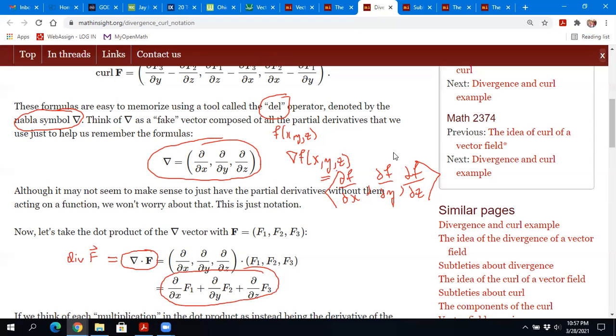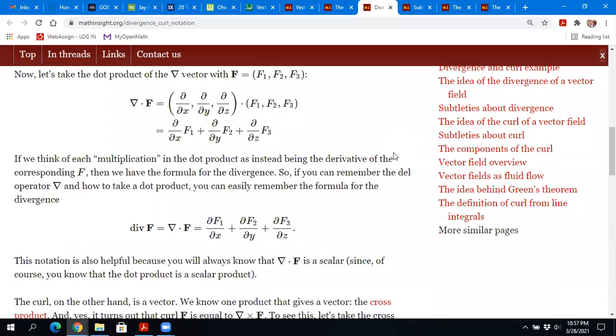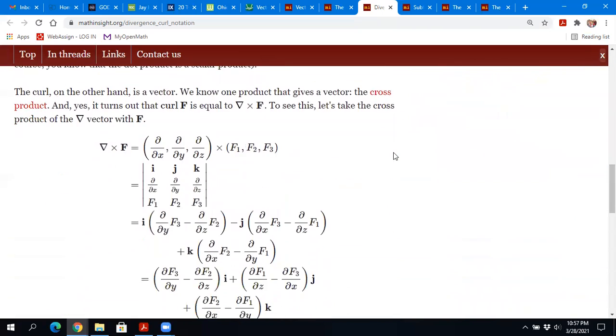And what about the horrendous curl formula up there? Well, it's the cross product. So curl of f is given by del crossed with f, and you do the cross product, and guess what?